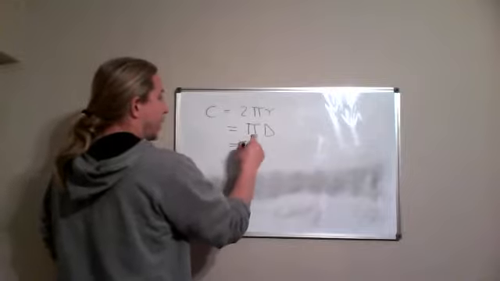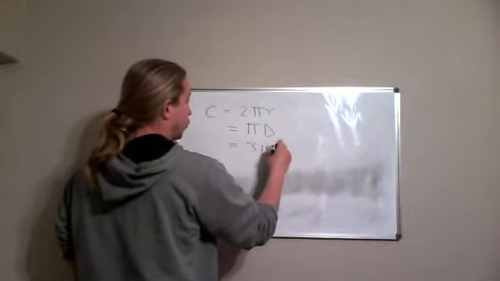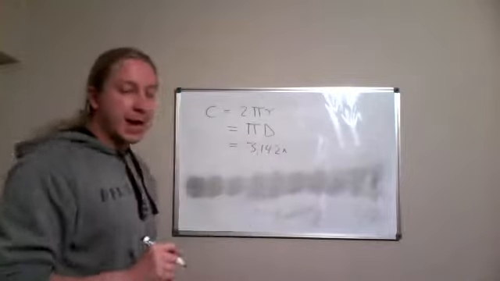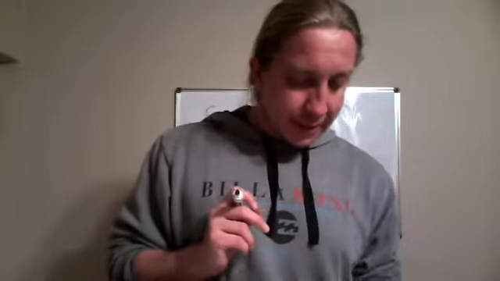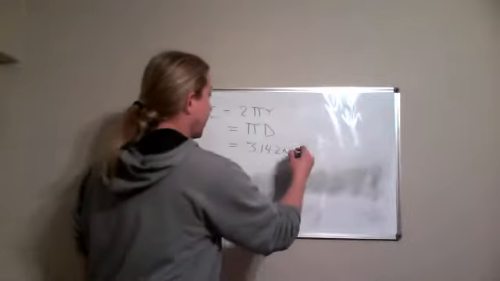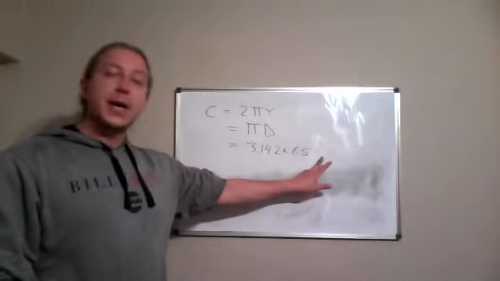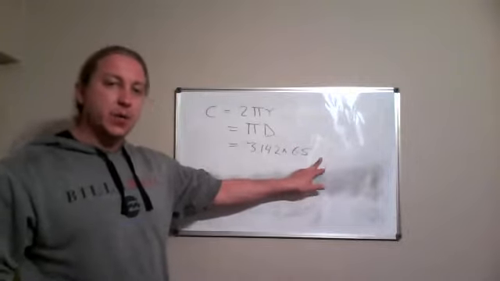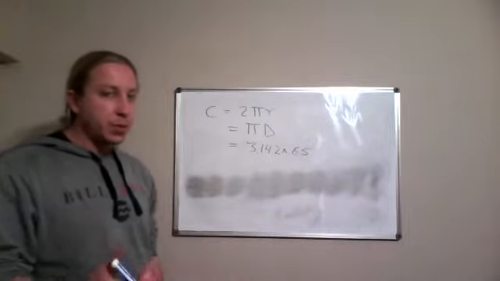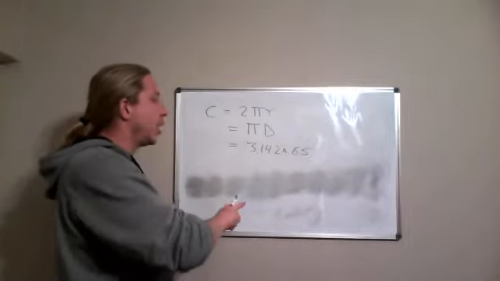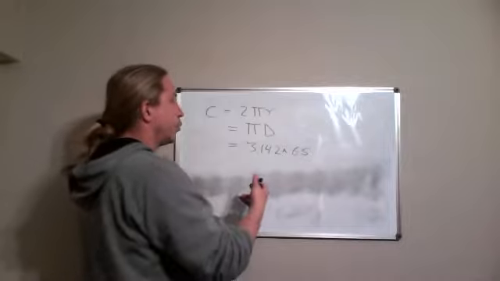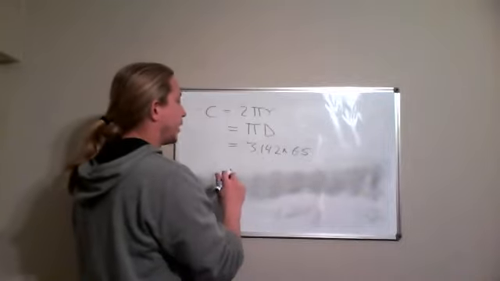Pi is 3.142 multiplied by the diameter of our wheel, which is 65 centimeters. So if we write 65 here, we are working in centimeters. In later questions, they'll ask us about kilometers, so we must remember what is going on here.